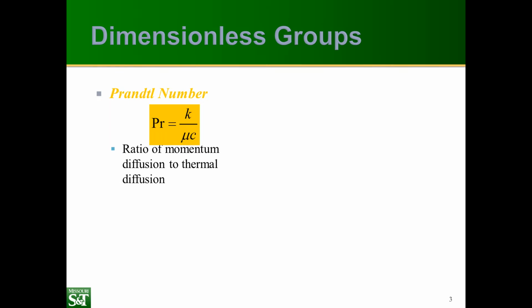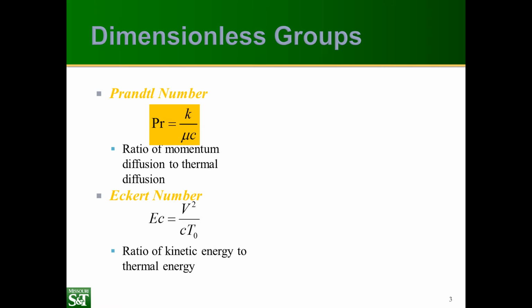We also have the Prandtl number. This comes from the thermal energy equation. And it basically relates the diffusion of momentum to the diffusion of heat. It's basically heat diffusion over momentum diffusion. And there'll be more about this in heat transfer. We'll talk about that more later, but it's very important for heat transfer. We also have the Eckert number. The Eckert number, again, comes from the energy equation, and it describes how kinetic energy is related to thermal energy.